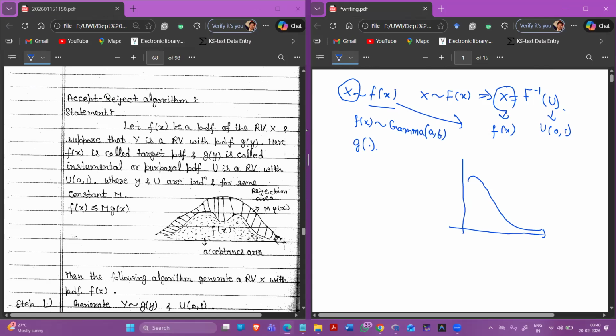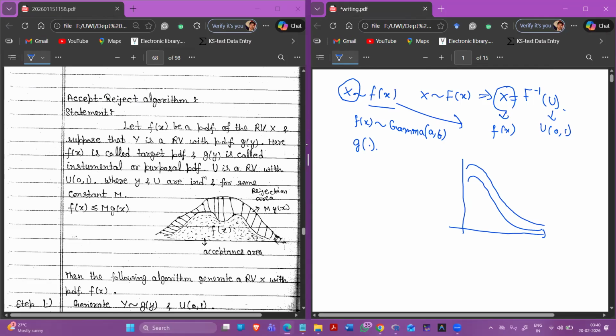The density plot of X will be like this for the gamma. So we need to find some other distribution that should overlap this density function completely.